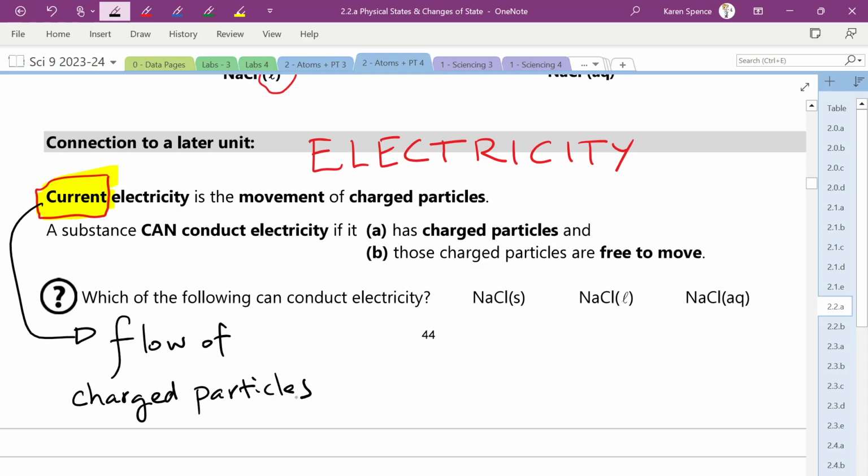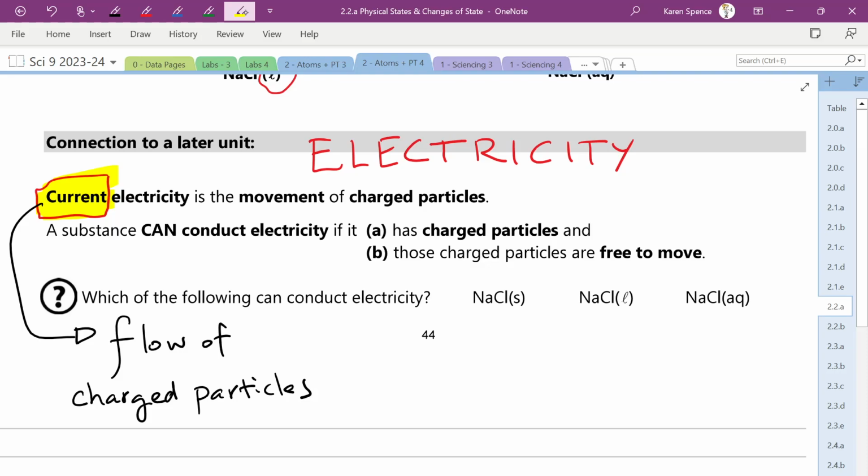So if you want to have a current, does the current have negative charge in it or positive? It can be either. So when it's in a wire, it's electrons that move. So it's the negative charges that are moving.